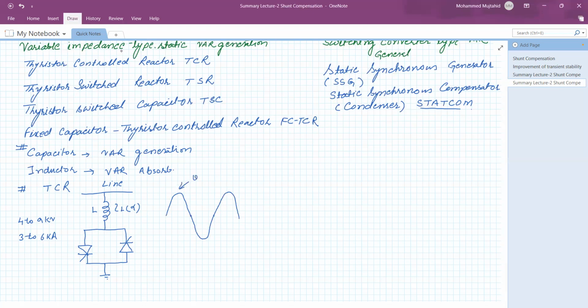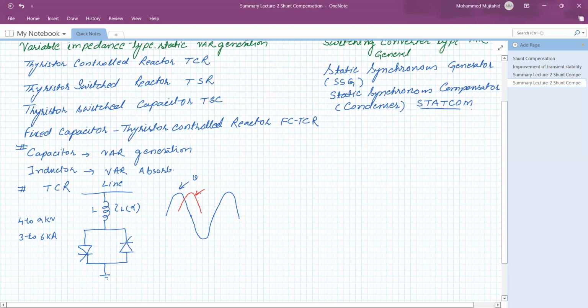Now the current: the thyristor is fired in such a way that this is the current IL. When alpha is equal to 0, there is no delay.